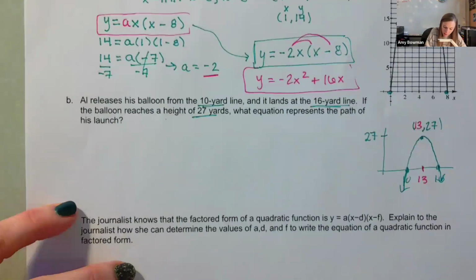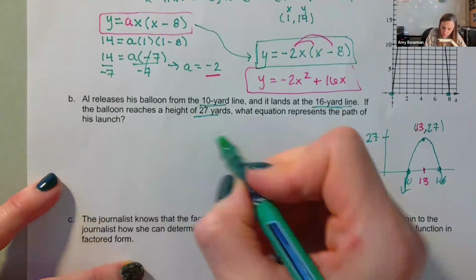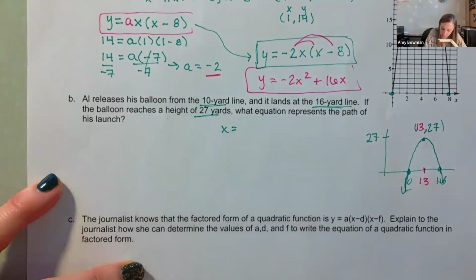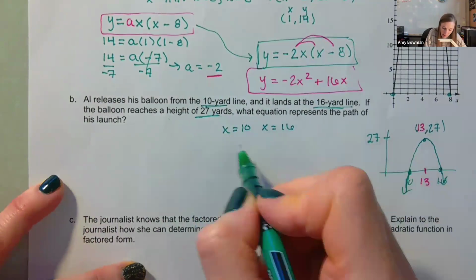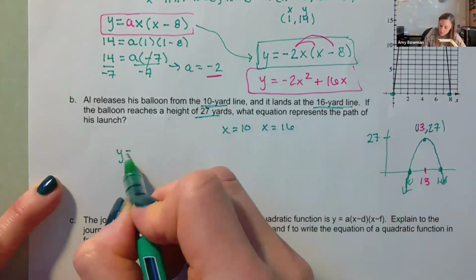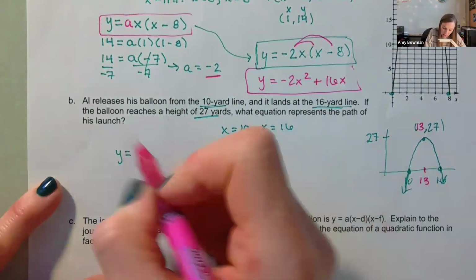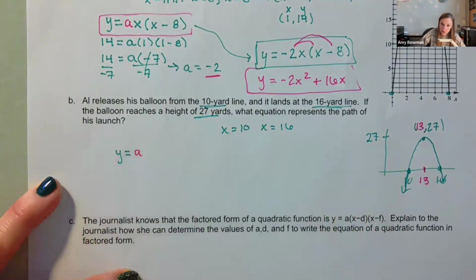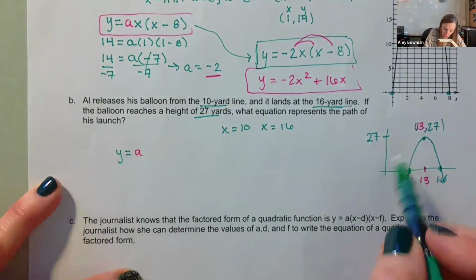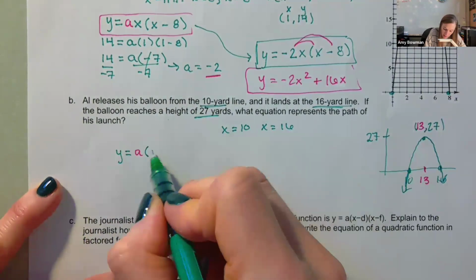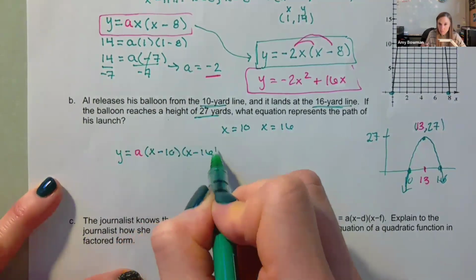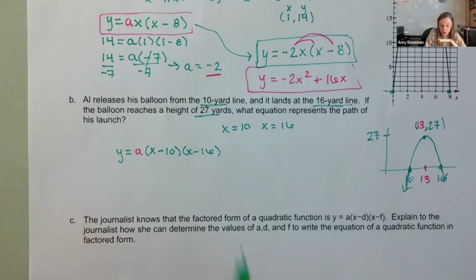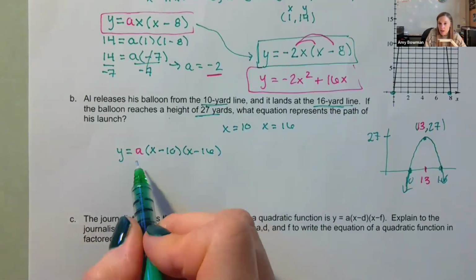Just like all the other examples we've been doing, we've got two x-intercepts, one at 10 and one at 16. So working backwards, generating the factors, again, I'm going to put my a value out front because that's something we're going to need to solve for. But we do know our two factors will definitely be x minus 10 and x minus 16. So what we need to do is figure out what that A value is.